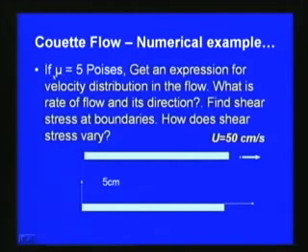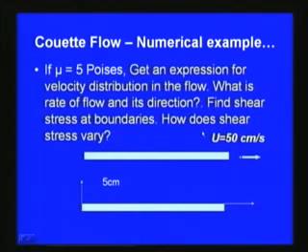If the dynamic viscosity is given as mu equal to 5 Poise, we have to get an expression for the velocity distribution in the flow, and the rate of flow, that means how much is the discharge passing and its direction, and then find the shear stress at the boundaries. How does shear stress vary? So, these are the cases.